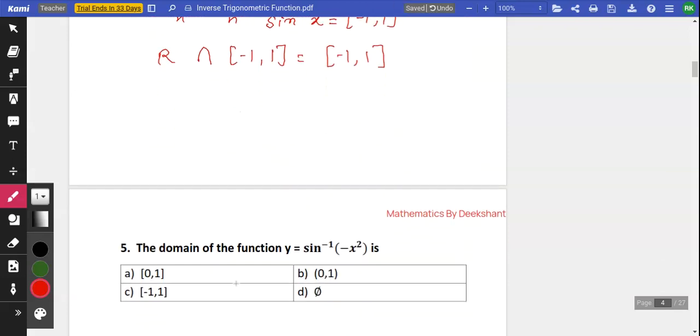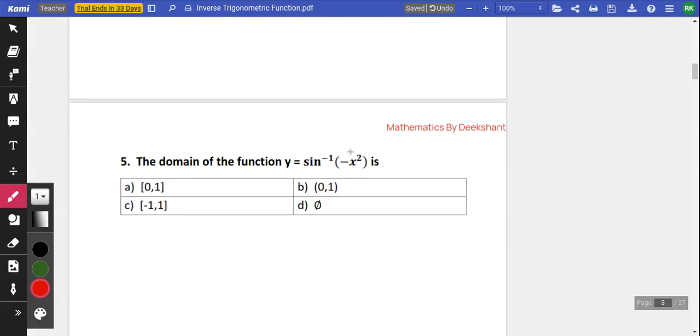In fifth question, find the domain of sine inverse of minus x square. Suppose minus x square as y. Domain of sine inverse y is minus 1 to 1. Put the value of y, it becomes minus 1 less than or equal to minus x square less than or equal to 1. Because of the negative sign, minus x square cannot be greater than 0. It means minus 1 is less than or equal to minus x square, which is always less than or equal to 0.